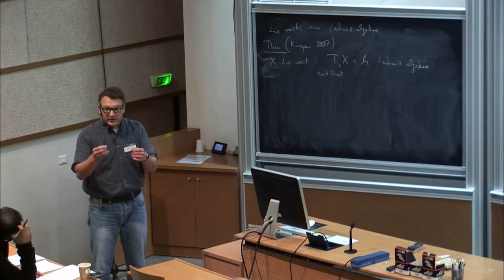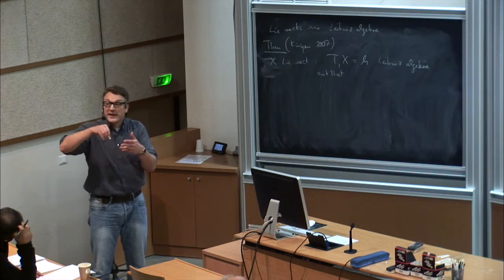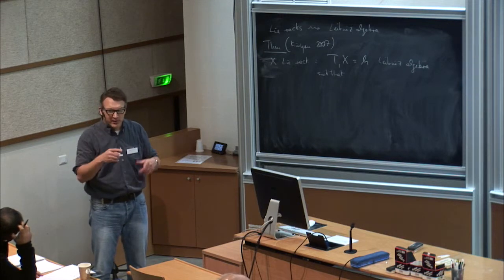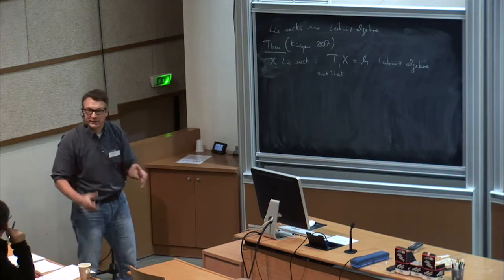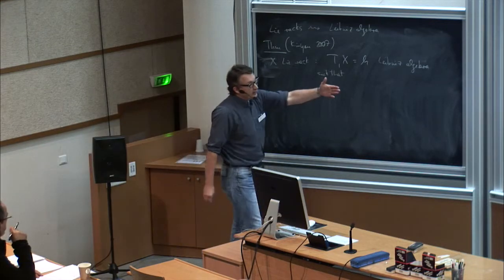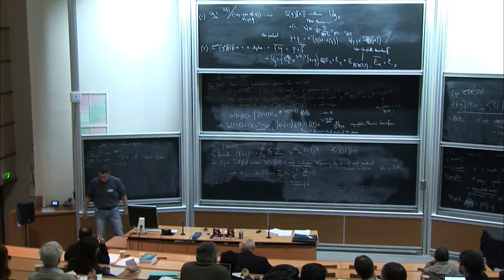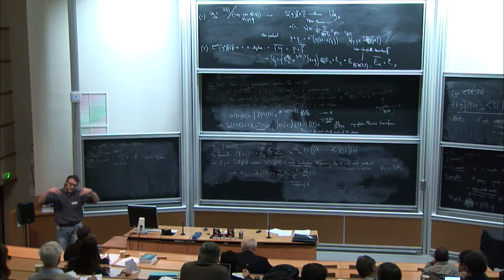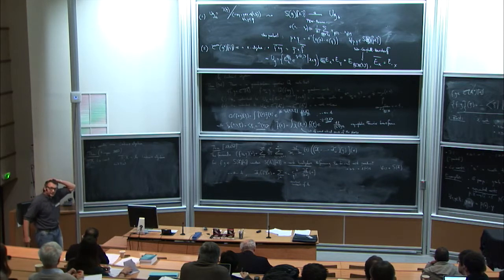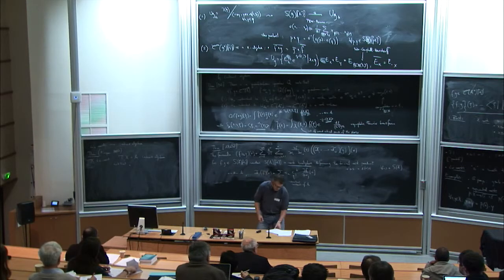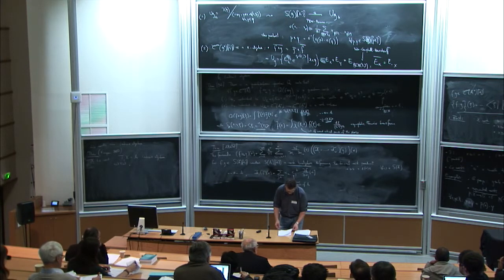You first get something related to the big Ad map, and then you get to small ad, and the small ad is a bracket. And it turns out that the self-distributivity relation entails for this bracket the Leibniz identity. So this is, for us, the most important point why we work with Lie racks.